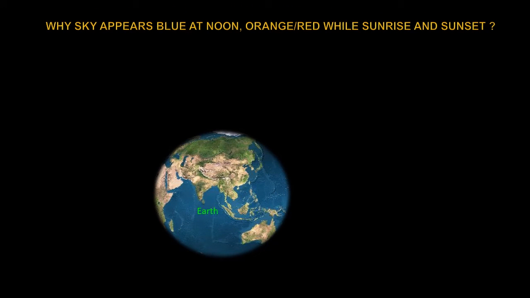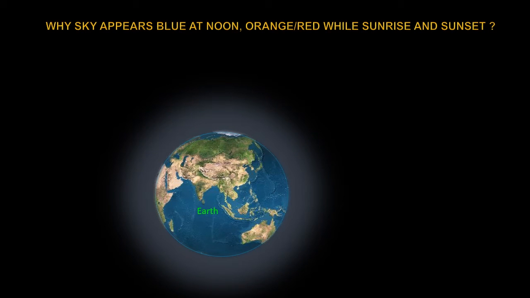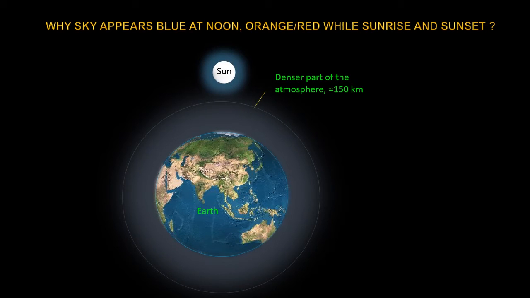Earth has a denser part of the atmosphere about 150 kilometers from the surface. There is less of Earth's atmosphere when we look overhead, and so blue light will be scattered more efficiently than the other colors.